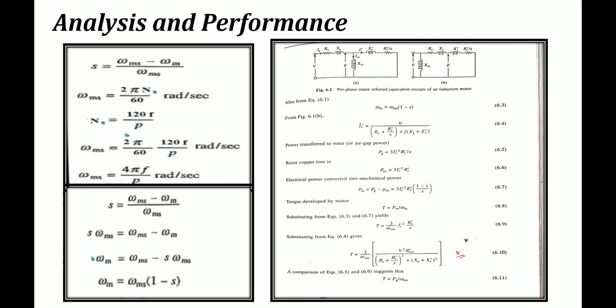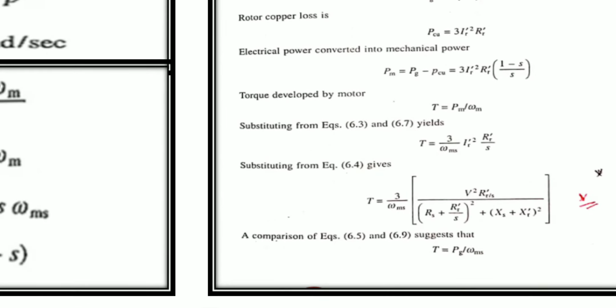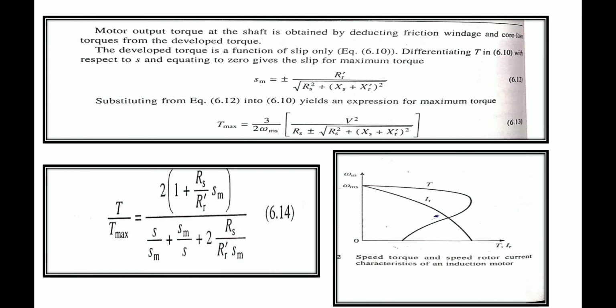Instead of the S term in R dash divided by S, we substitute Sm. Then we get the maximum torque: T max is equal to 3 divided by 2 omega ms into the bracket of V square divided by Rs plus or minus root of Rs square plus Xs plus Xr dash whole square. This gives the maximum torque itself.